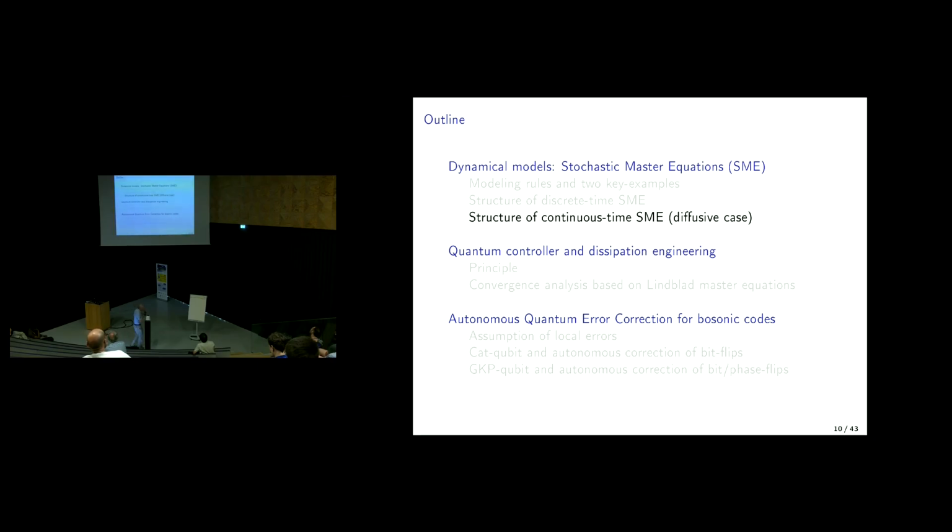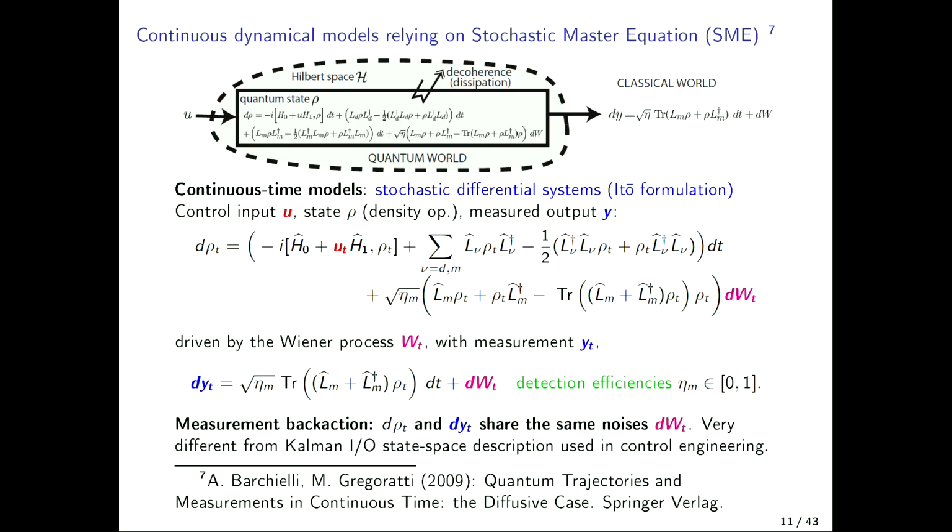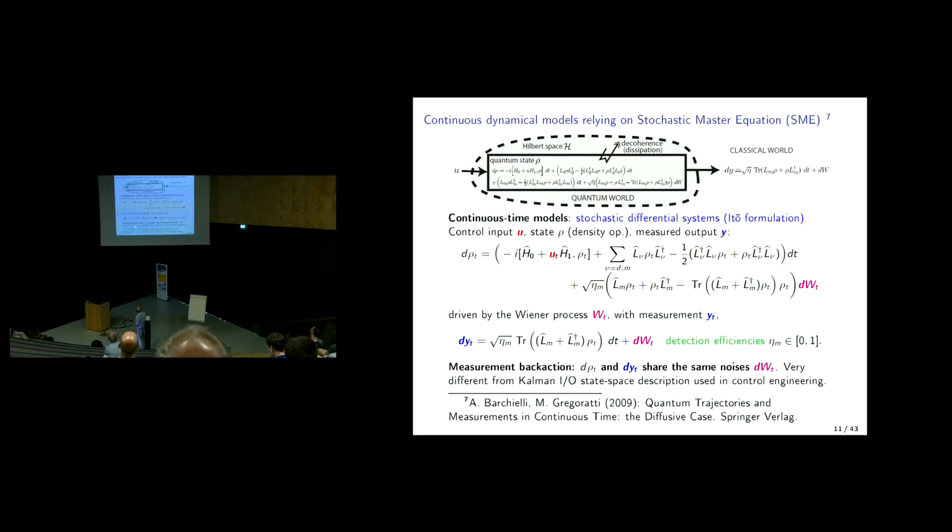And then, in continuous time, as you find typically in the book of our Italian colleagues Barchielli and Gregoratti, which is a very nice book but highly mathematical, you need, in fact, to do this in continuous time. So you need some stochasticity.